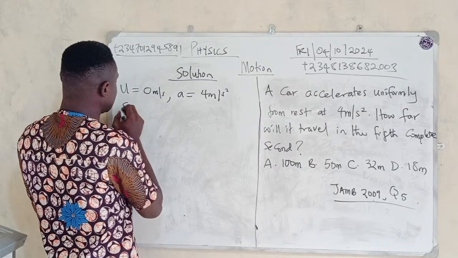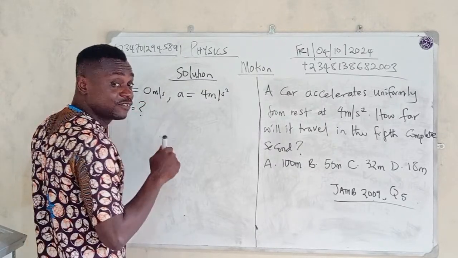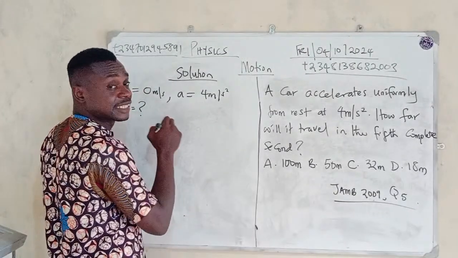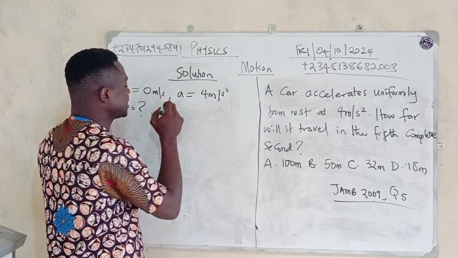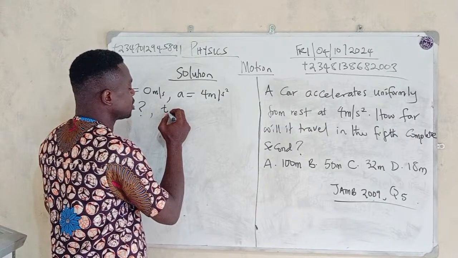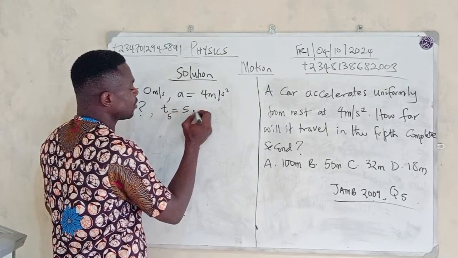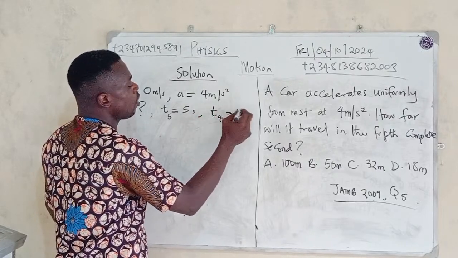They want to find the distance in the 5th second. So because it is in the 5th second, we find the distance when the time, you can say T5, is 5 seconds, and the distance when the time, you can say T4, is 4 seconds.